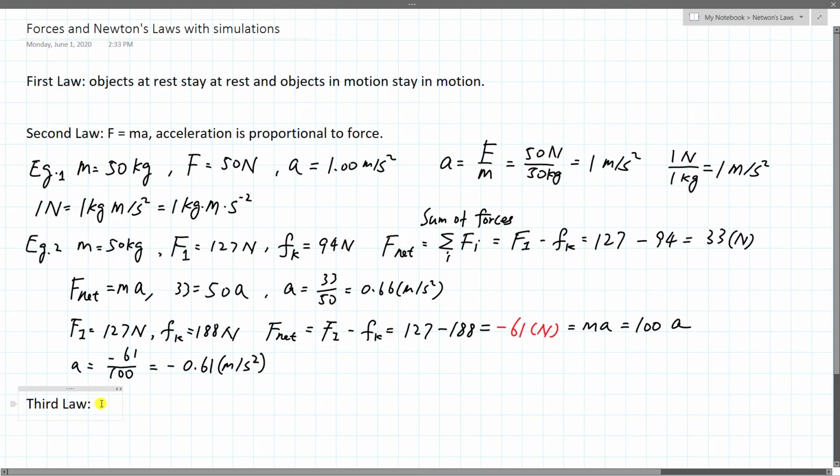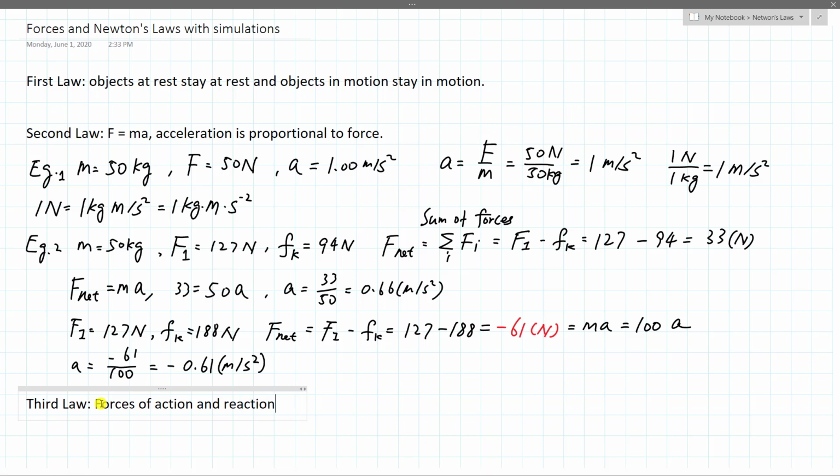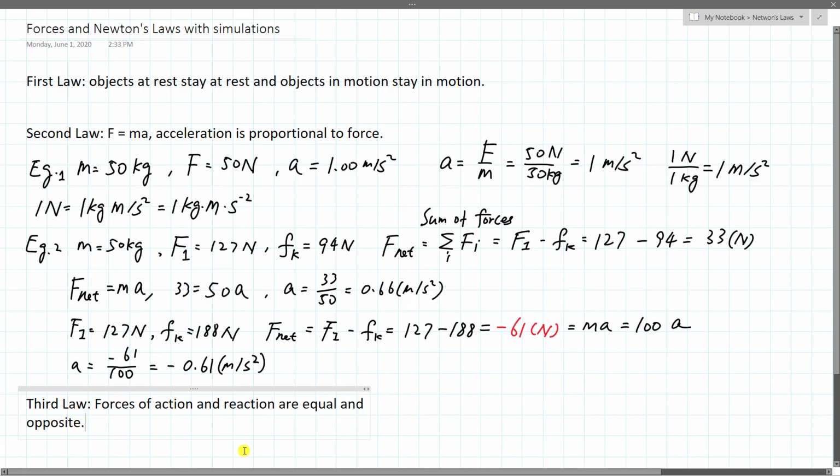Let's just type it up. So forces of action and reaction are equal and opposite. And I also want to add, just kind of verbally, they act on different objects.